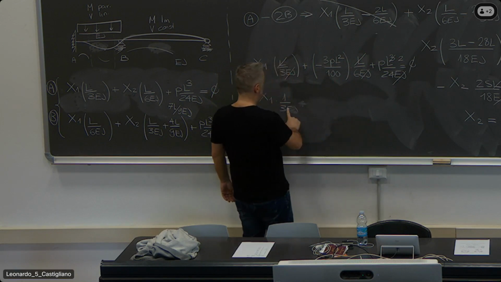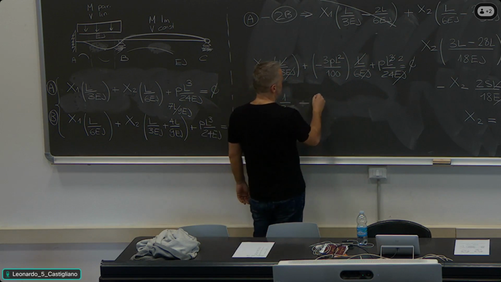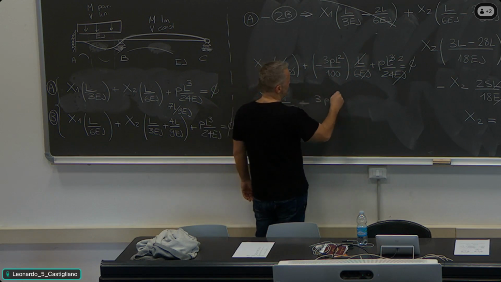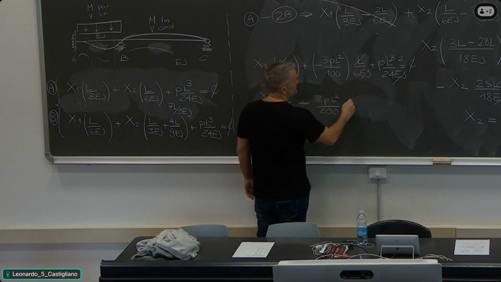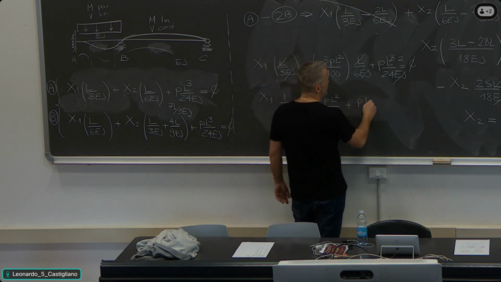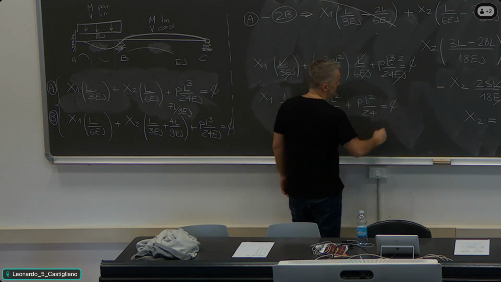Yeah, you're right. x1 over 3 minus 3PL square over 600, which means minus PL square over 200, plus PL square over 24 equals 0.